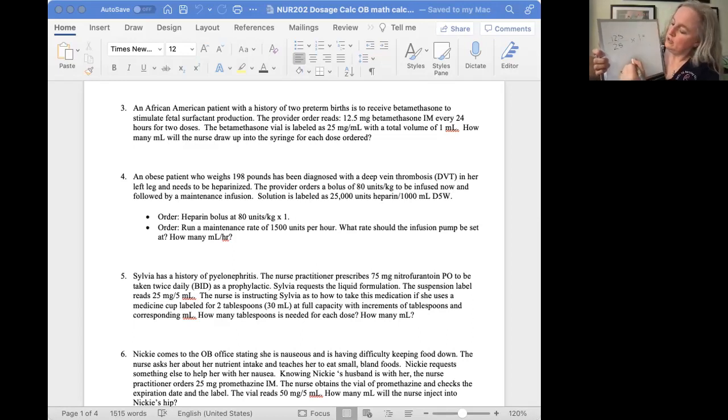Okay, so if you divide out 12.5 divided by 25, you're going to get 0.5 times 1 equals 0.5 mLs. And that's your dose.